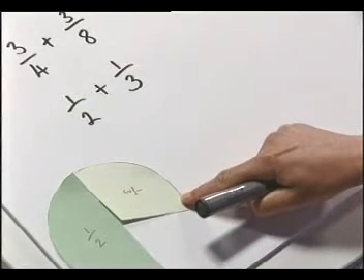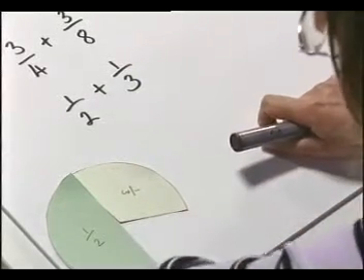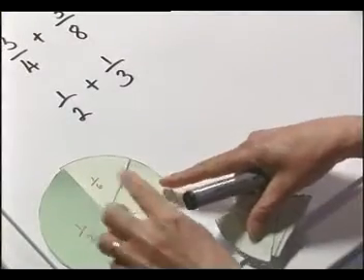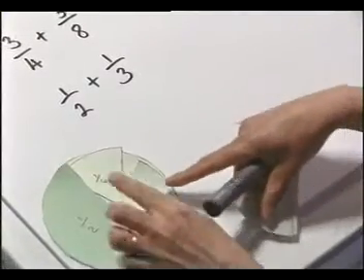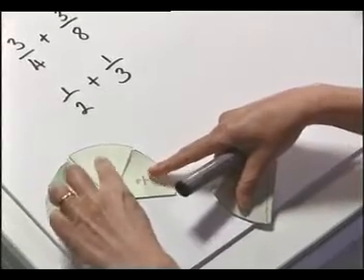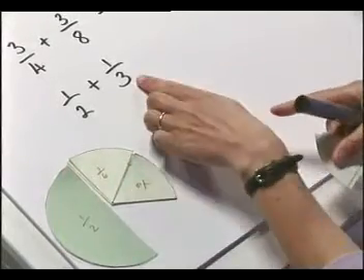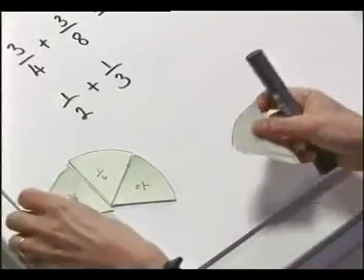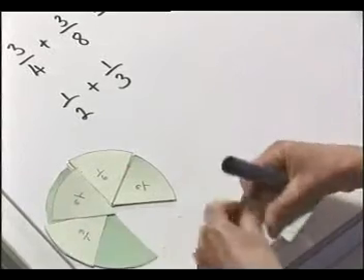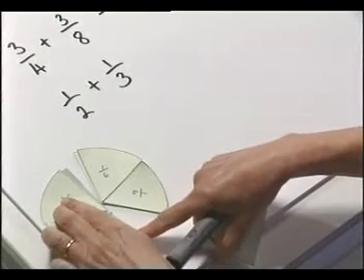So what we need to find is a fraction, the denominator, that fits into thirds as well as into half. And in this case, that fraction is sixths. We can fit 2/6 into our third, and our half is 3/6.